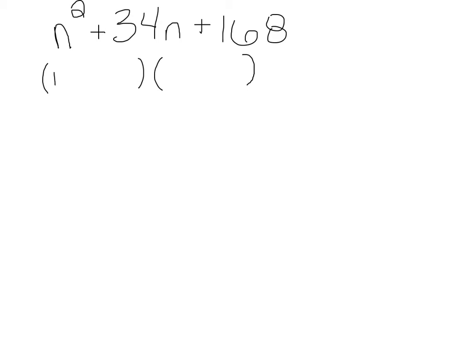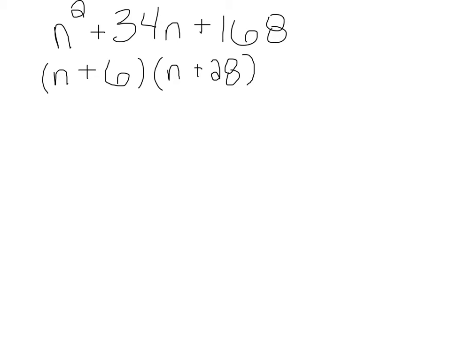So in our first group, we'll have n plus 6 in this case, and in our second group we'll have n plus 28. If you want to verify that, go ahead and see if 28 plus 6 adds to 34, and check and see if it multiplies to 168.